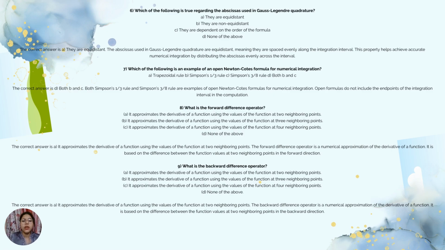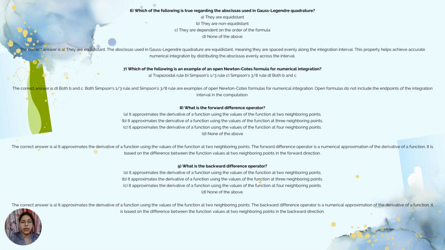Question number 8. What is the forward difference operator? Option A. It approximates the derivative of a function using the values of the function at two neighboring points. Option B. It approximates the derivative of a function using the values of the function at three neighboring points. Option C. It approximates the derivative of a function using the values of the function at four neighboring points.